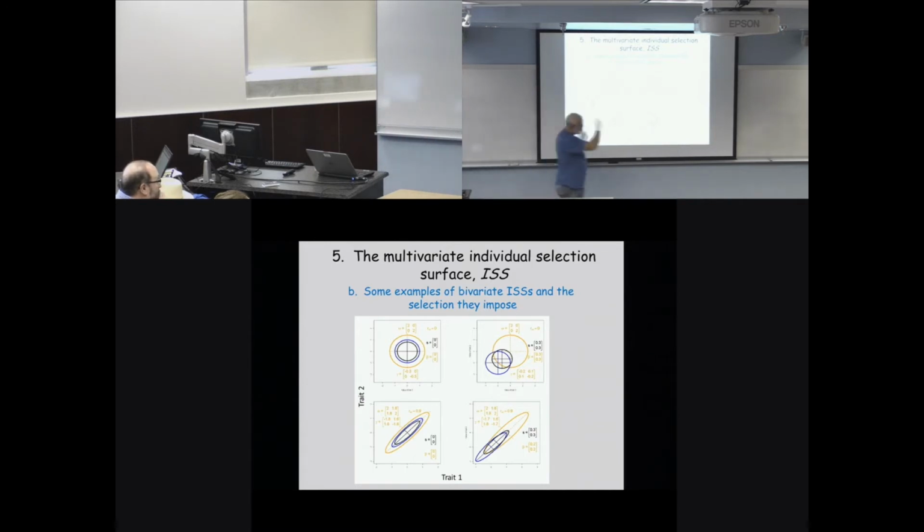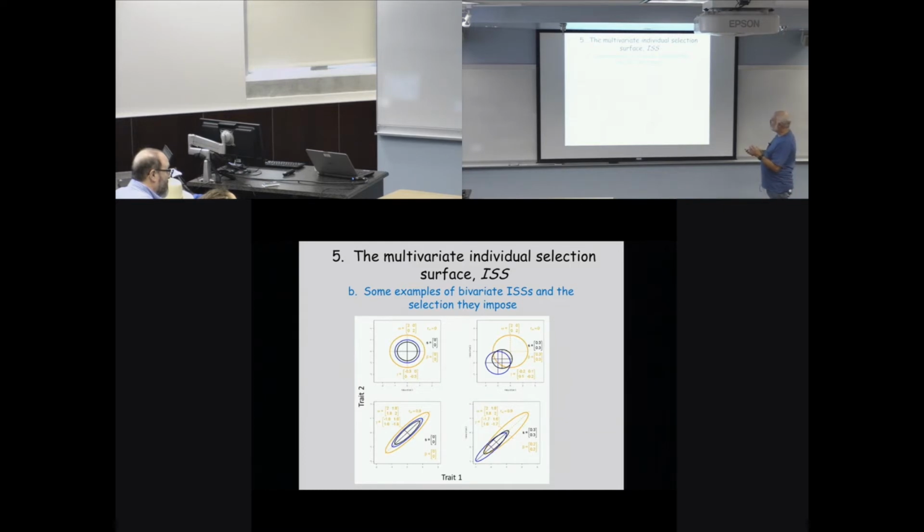So here are some examples in bivariate space. I'm showing bivariate 95% confidence ellipses in blue for the trait distribution before selection, and in black for the trait distribution after selection. We did these when we talked about the algebra of selection, but I didn't tell you what selection moved the distributions.